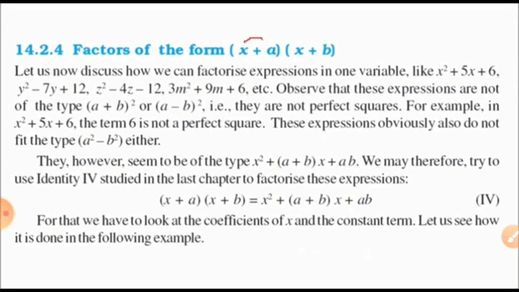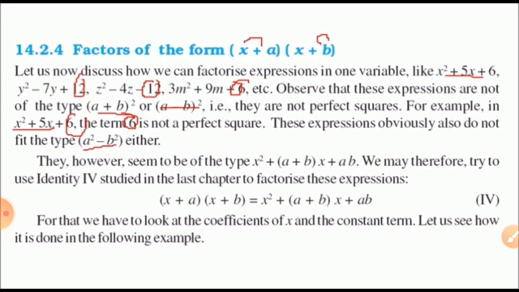Factors of the form (x plus a)(x plus b). Let us discuss how we can factorize an expression in one variable, x square plus 5x plus 6. Such expressions are not of the type (a plus b) square or (a minus b) square, that is, here it is not a perfect square. For example, in x square plus 5x plus 6, the term 6 is not a perfect square.